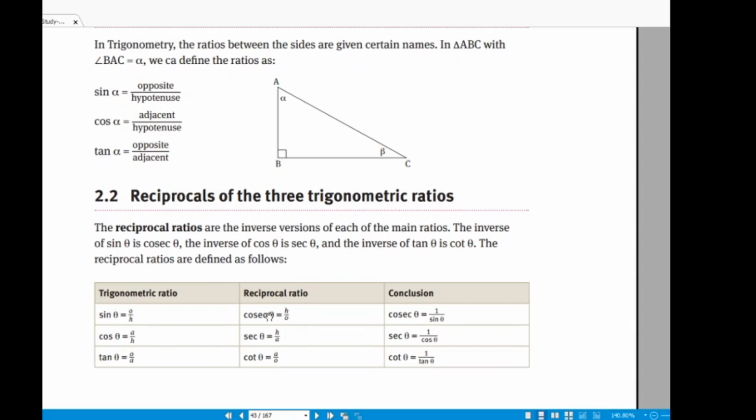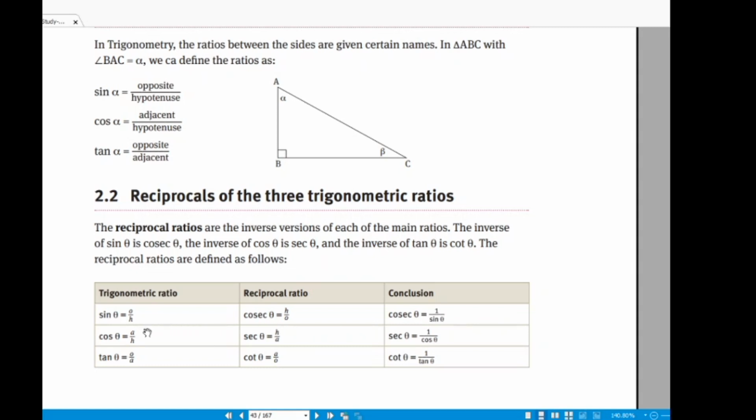So the inverse of sine theta is cosec theta. It means 1 over sine theta, right?